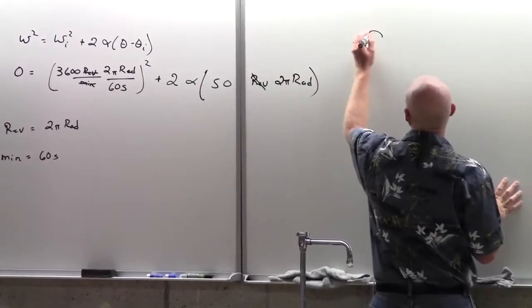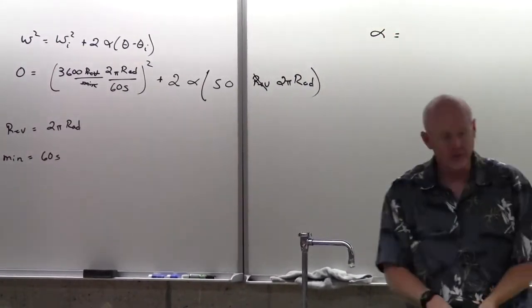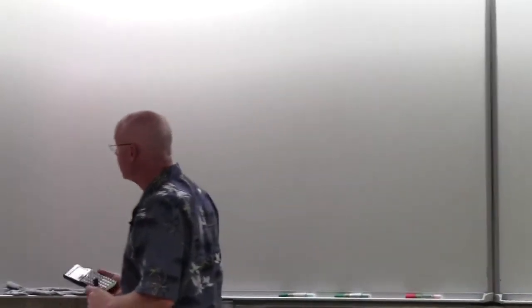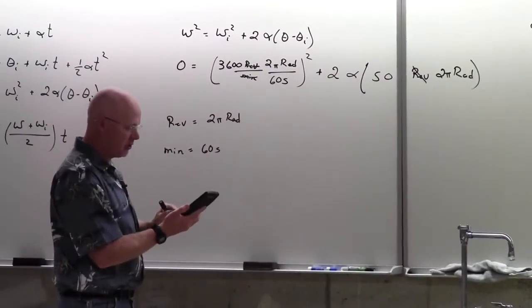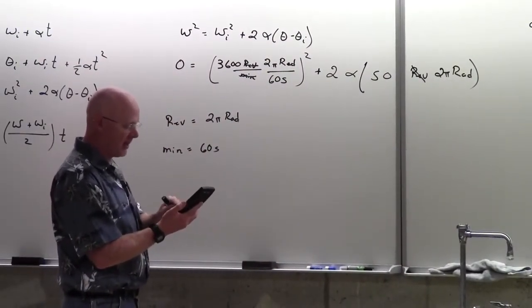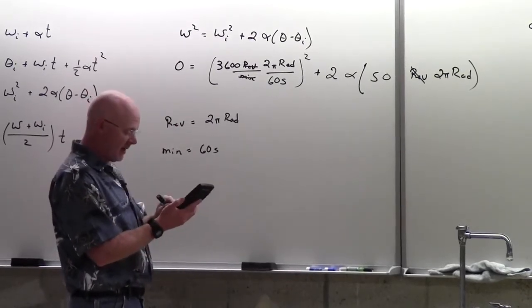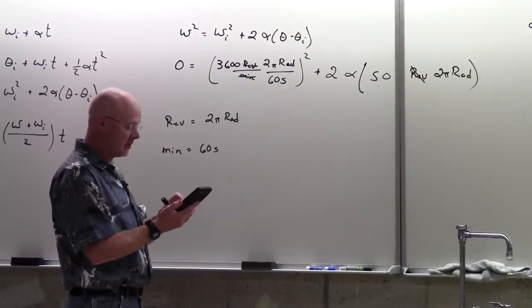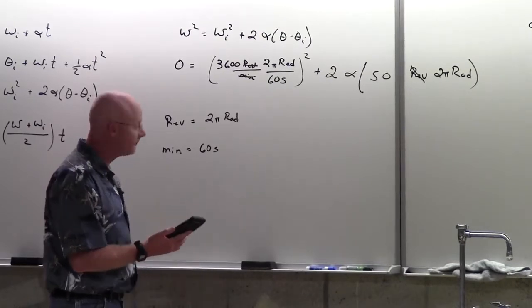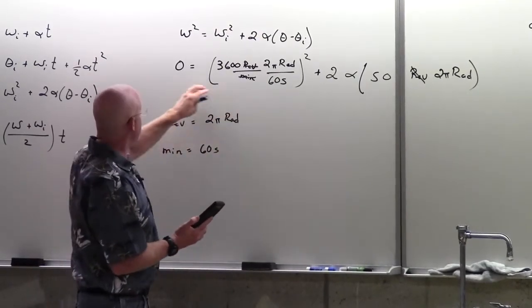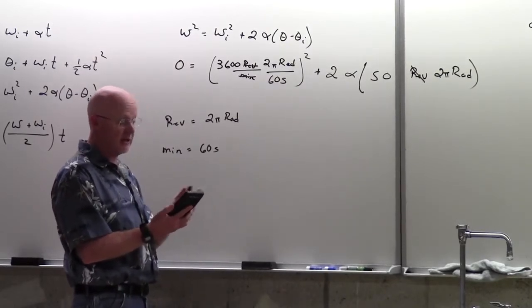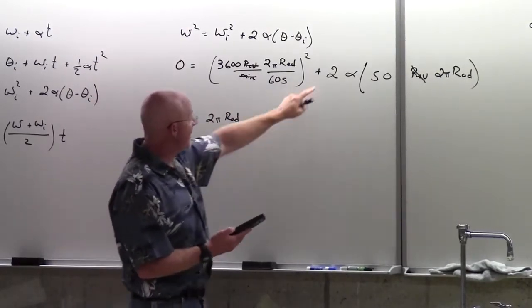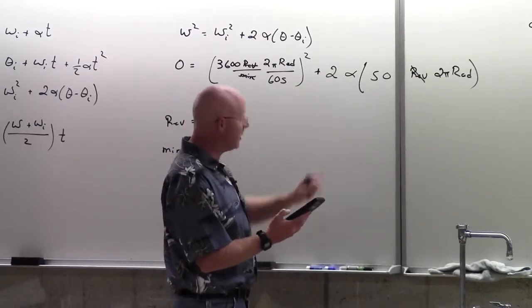Well, then it's just a matter of arithmetic, or some algebra, I should say, in order to solve this for alpha. And so I'll start here, 3,600 times 2 times pi divided by 60 and square that. All right. I'll bring it to the other side, so now it is negative, and in my case I'll just go times a -1. Then I can divide that by a 2 as I bring that over.